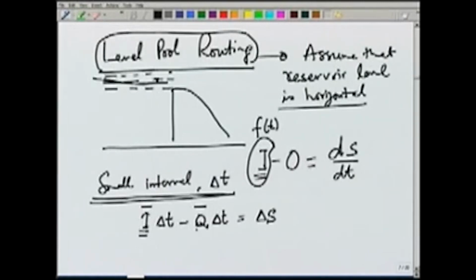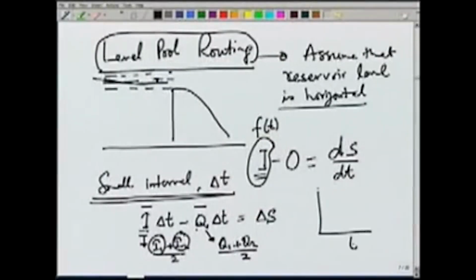We can write this I bar as I 1 plus I2 by 2. Similarly, Q bar as Q1 plus Q2 by 2, where I1 and I2 represent the inflow before that time period of delta t and after the time period of delta t.